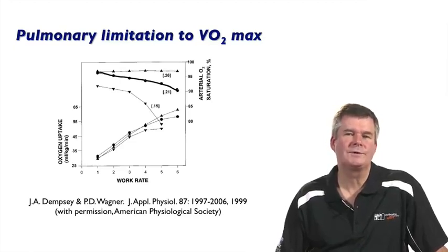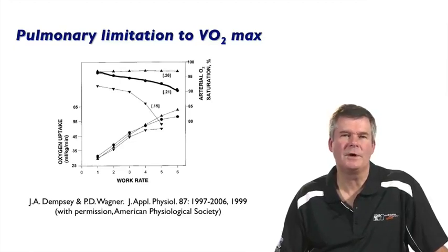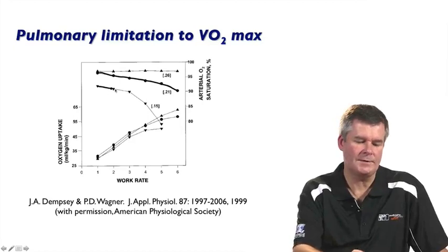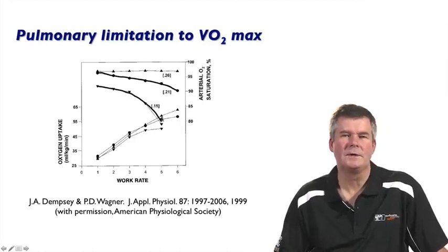Clearly, if you reduce the inspired oxygen partial pressure, for example, if you go to altitude, you see a more pronounced desaturation, and that's not surprising. What was surprising to some was this desaturation on 21%. And as I said, the most likely explanation for this is pulmonary diffusion limitation.